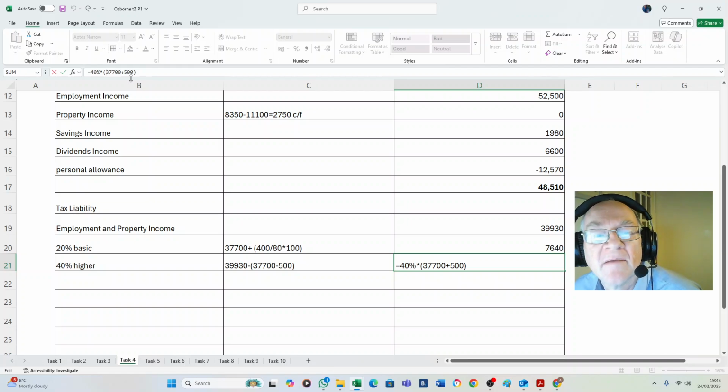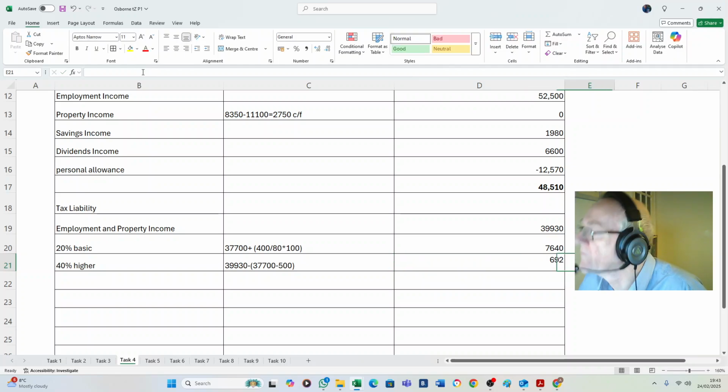It's right in the left hand box. It's my formula that's wrong. So hang on, 39,930 minus, that's better, 692. Different ways of doing it. I was doing it two different ways and confusing myself.